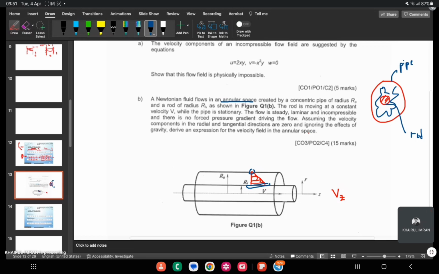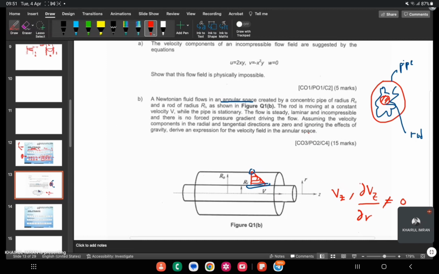Okay. Alright. So now you have Z direction and you have R. So it means the change of velocity, del Vz over del R, is not equals to 0. Okay.